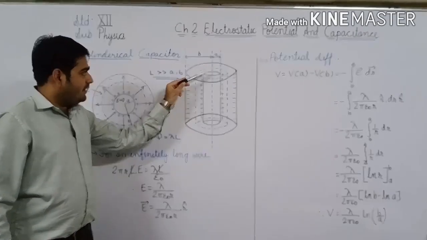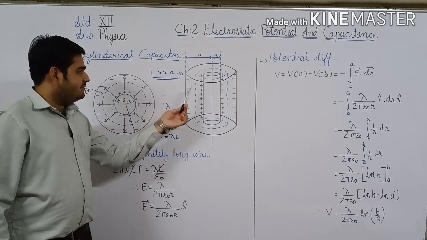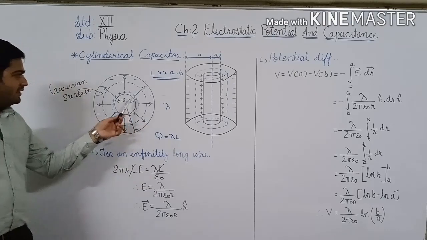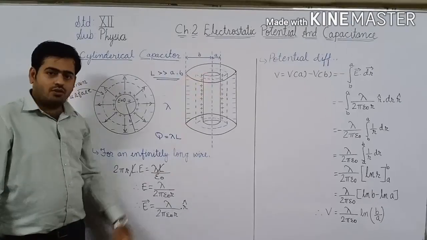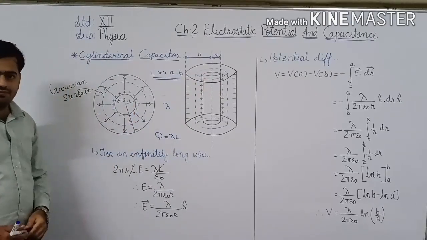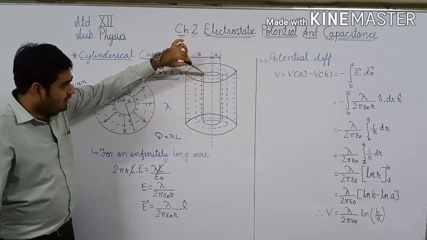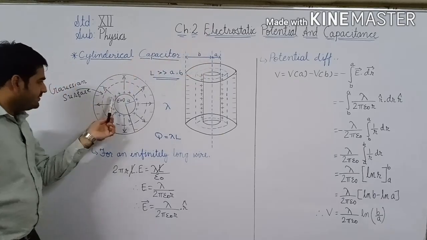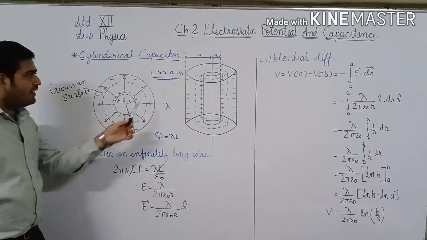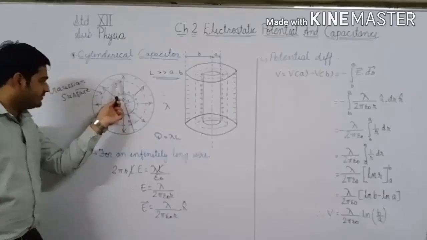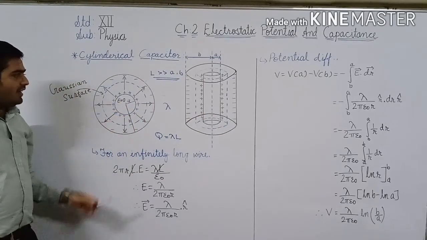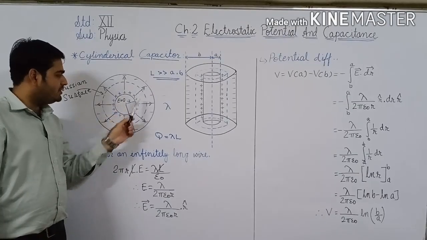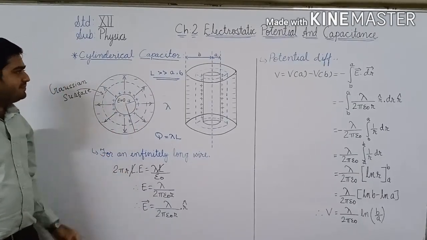Here equal and opposite charges are there on this first and second cylinder, and this is the cross sectional view of this cylindrical capacitor. If we observe the cross sectional view, then this cylinder is positively charged and this is negatively charged, and electric field lines due to these positive charges are away from positive charge and they are radial.